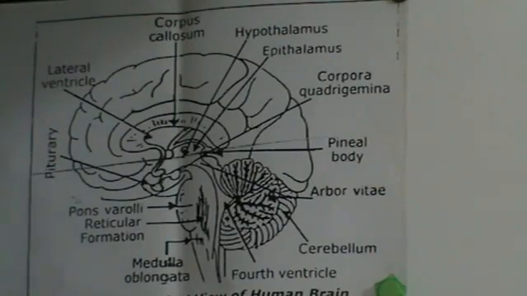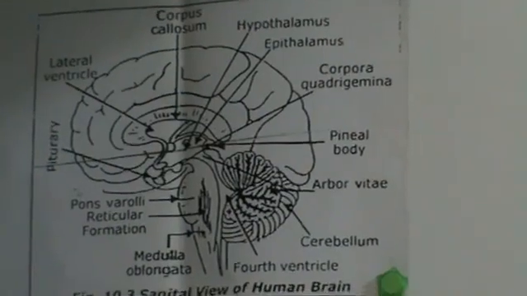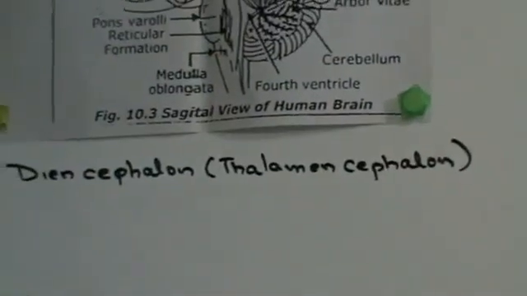The second part of the forebrain is the diencephalon, which is also called thalamencephalon. So it is called either diencephalon or thalamencephalon. Now what is diencephalon?